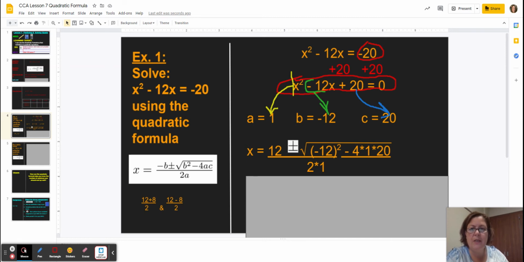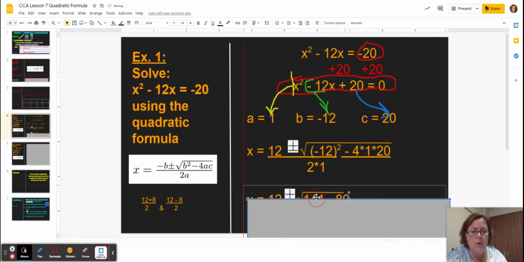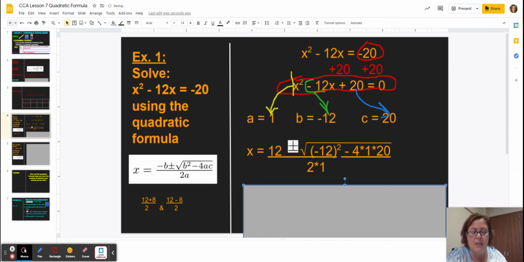At any given time, if you need to take a little break, make sure that you pause the video and rewind as often as possible to get caught up with what you need. Once you get those numbers substituted in, all you're going to do is follow the order of operations to get the solution that you need. The square root symbol is a grouping symbol, so I'm going to follow the order of operations. I'm going to do negative 12 squared first.